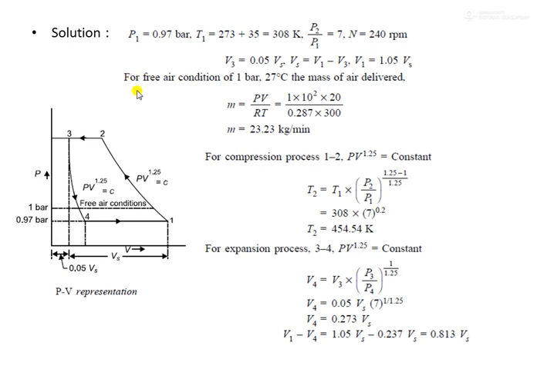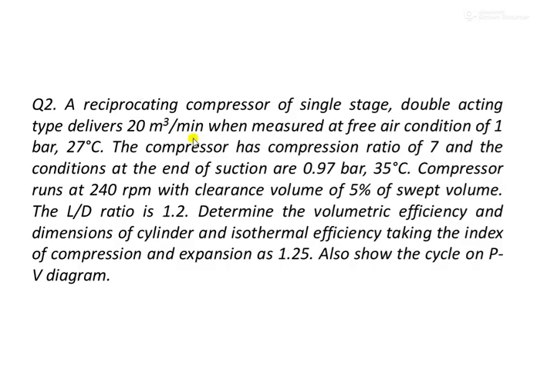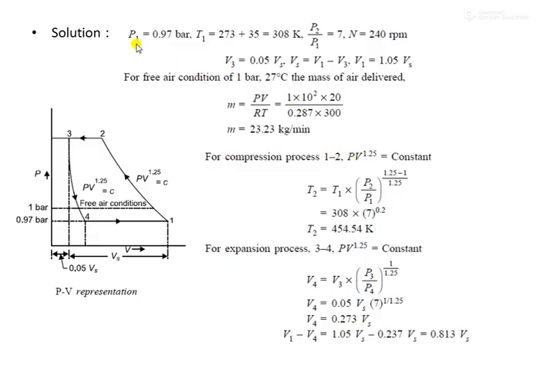Now we were given that the air is delivered at 20 meter cube per minute when measured at free air conditions. So we'll be converting that volume into the actual conditions, which are 0.97 bar and 35 degrees centigrade, right? So the initial pressure is 0.97 bar.